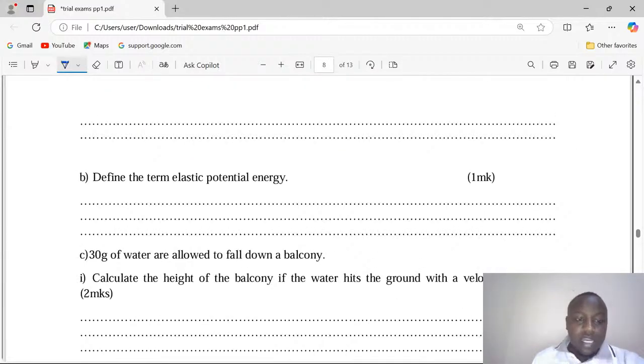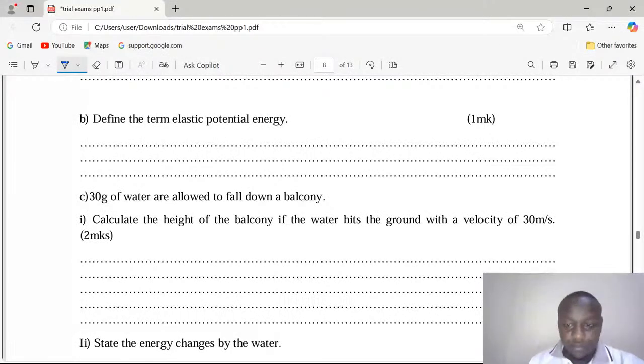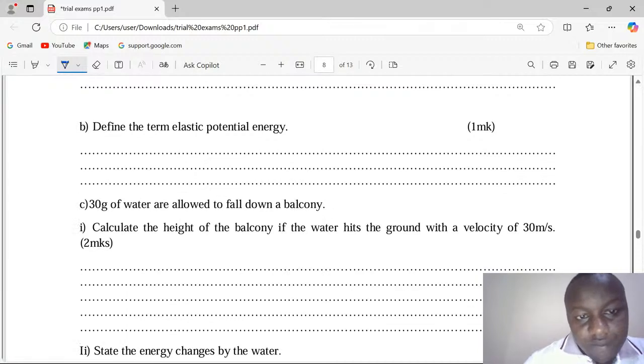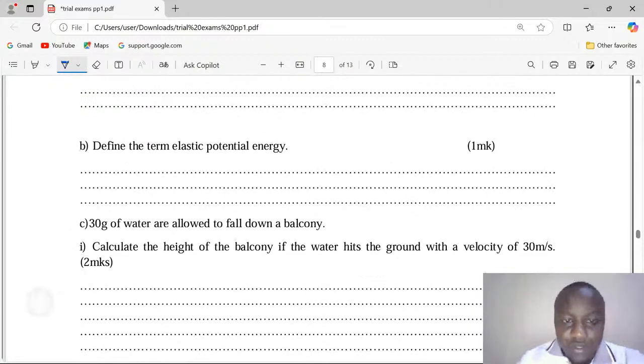We can move on to part B, whereby we are told to define the term elastic potential energy.